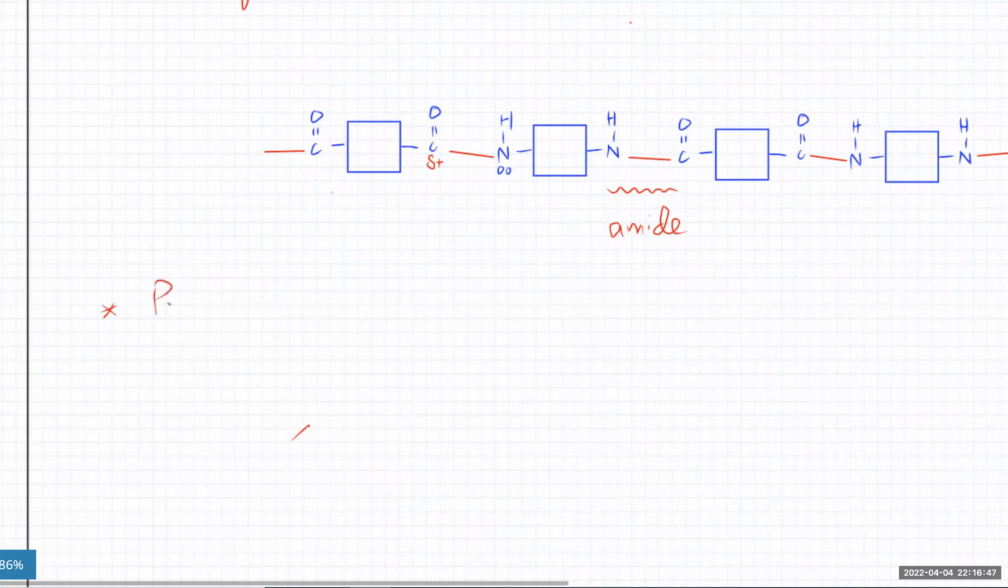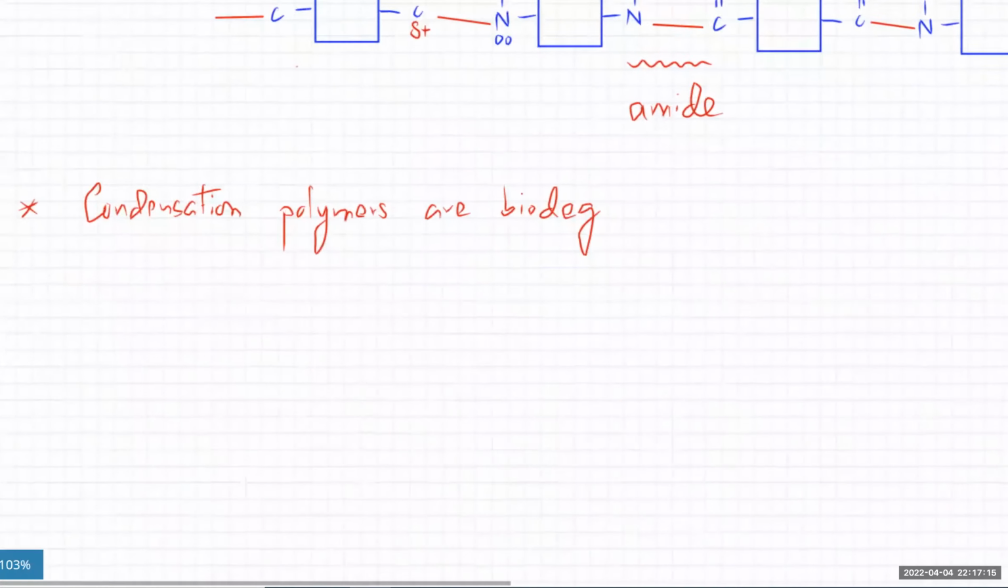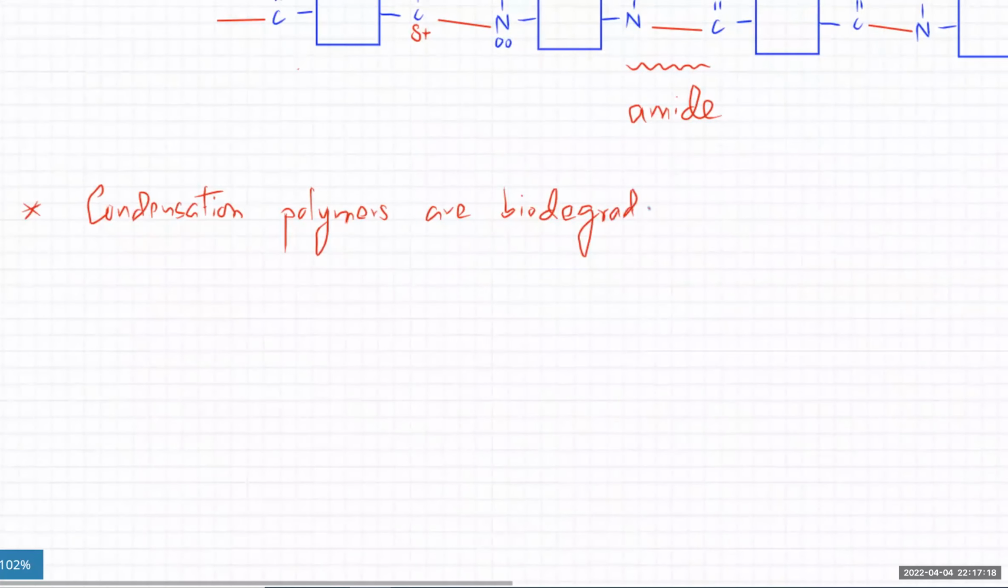So your condensation polymers are biodegradable, and they easily hydrolyze.